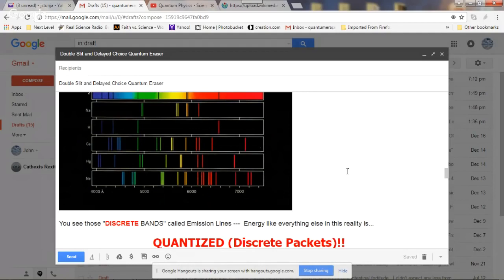So with these emission lines, energy, like everything else in this reality, is quantized. That means it's in discrete packets. If that electron traversed the space in between those energy levels, then all you would see from here all the way through is a smudge or a blur on each of these.